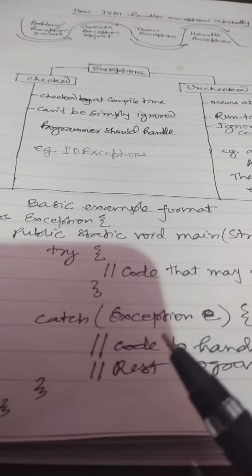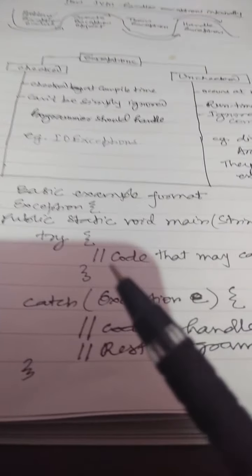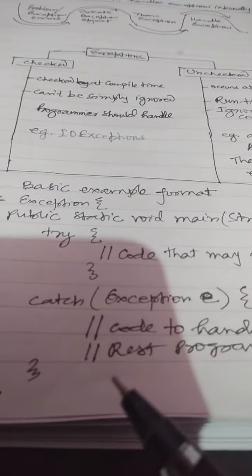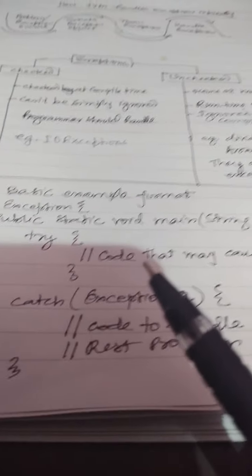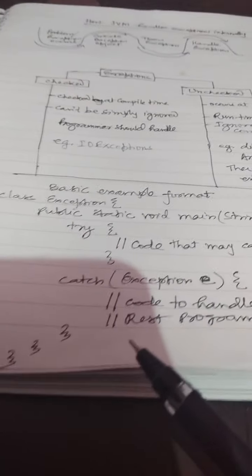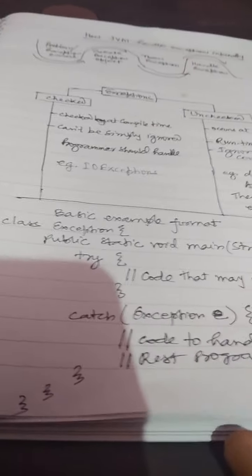Mostly we simply use these two blocks: the try block to hold the code that may raise the error if the exception occurs, and the catch block to catch the exception and display the exception or error message.